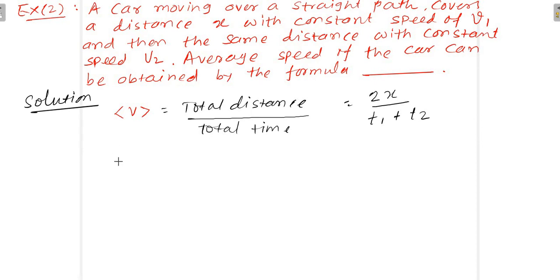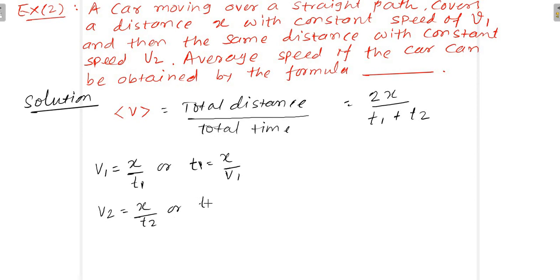So what do we know? The first movement was with the constant speed v1. So v1 was x divided by t1, or t1 is x divided by v1. Similarly, for v2, the same distance x was covered in t2 seconds.